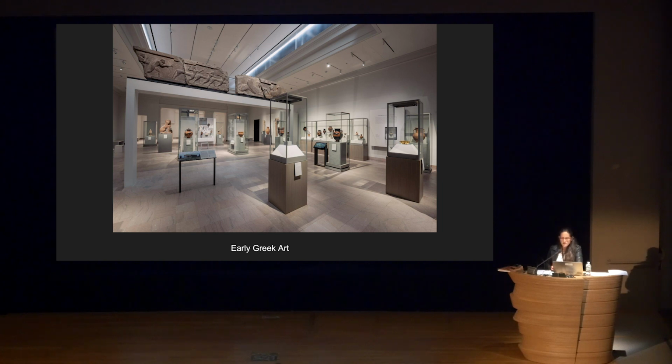And I'll say that I was guided to these by thinking about where the gaps were in our previous installations. And I can say a little bit more about that later. The second part of the gallery exposes the tension in early Greek art between firmly held local and regional identities and visual vocabularies, so ways of representing what you might call style.